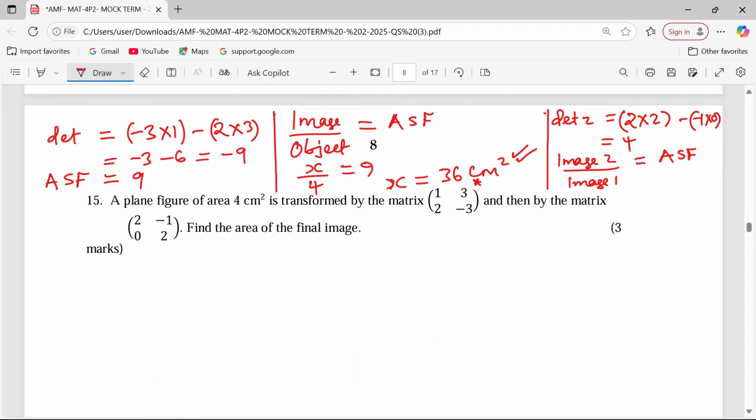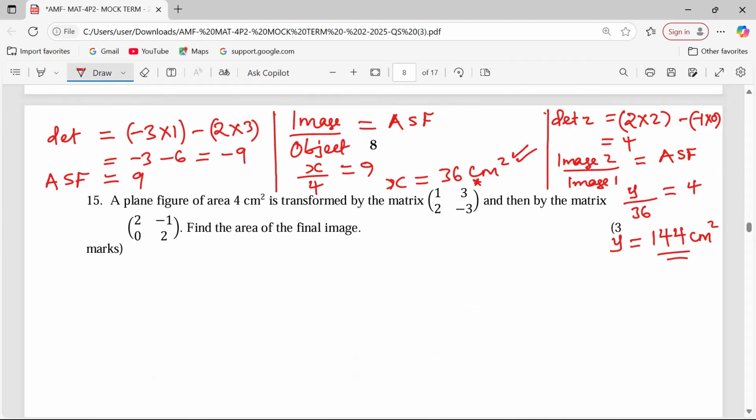So this area of image, which is not known, over 36, we should get 4. Therefore, to get the second image, we should take the product of 36 and 4, giving us 144 square centimeters. This is my first approach.